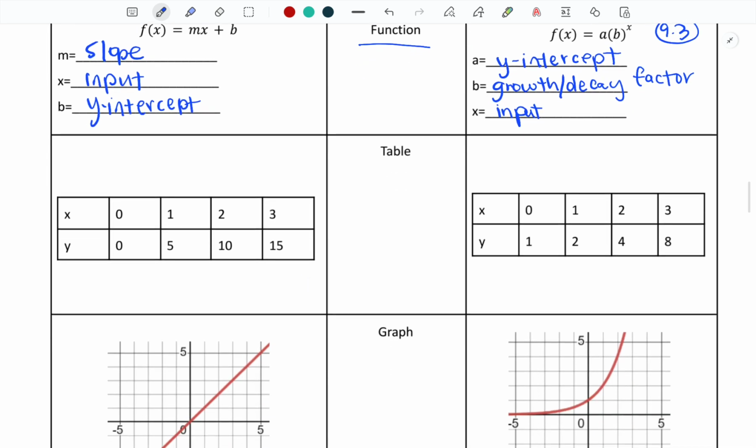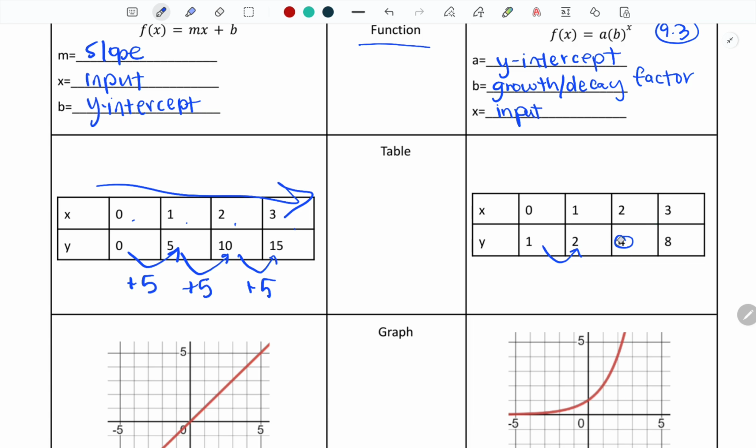Okay? As a table, as your x values increase by 1, see, 0, 1, 2, 3, linear grows by adding. So 0 to 5, well, that means I added 5. And notice my pattern remains the same. If your pattern remains the same, you're good. Come over here. 1 plus 1 is 2. 2 plus 1 is not 4.